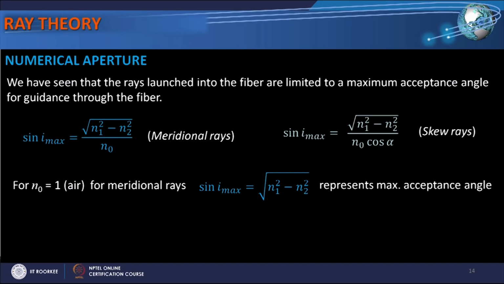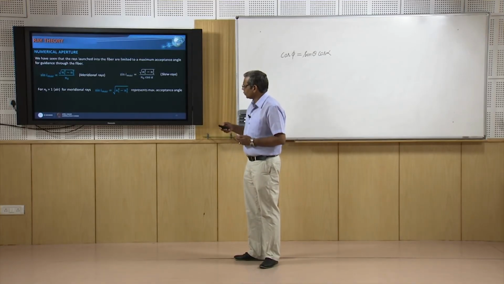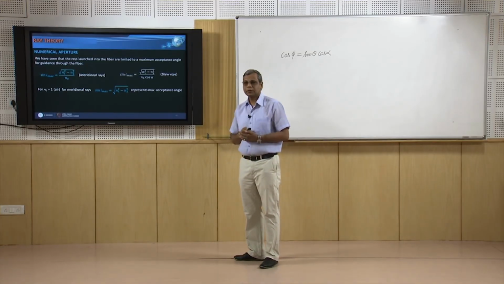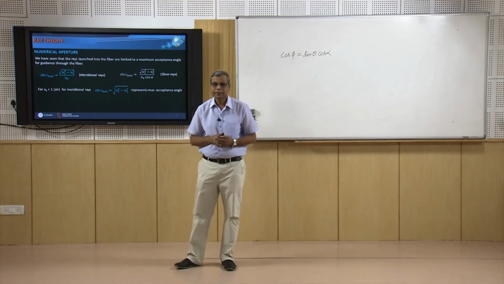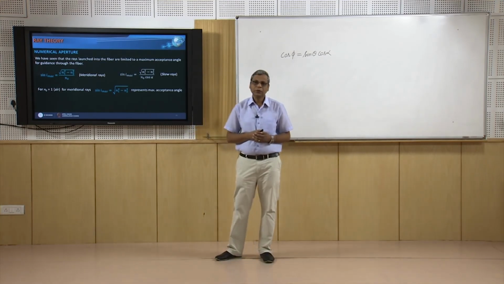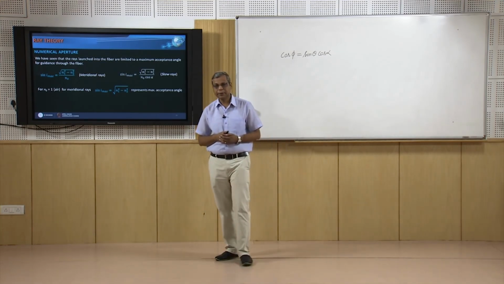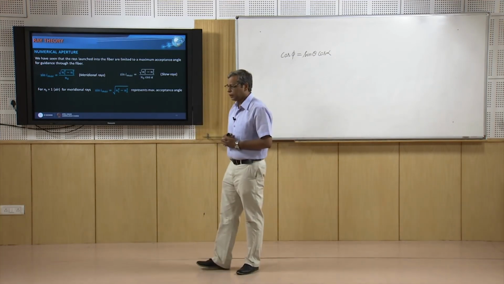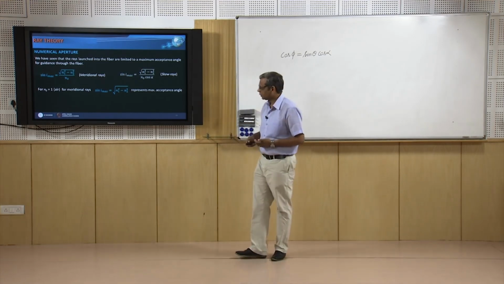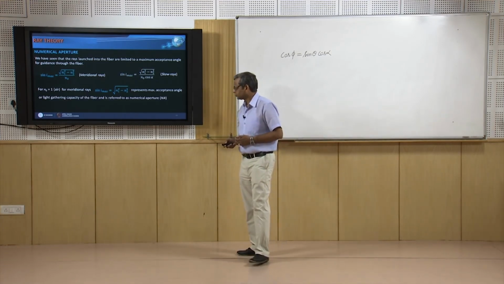So, if the fiber is in air, then what is the maximum acceptance angle? That gives you the numerical aperture of the fiber, because this maximum acceptance angle basically tells you the light gathering capacity of the fiber, and that is why it is known as numerical aperture of the fiber.